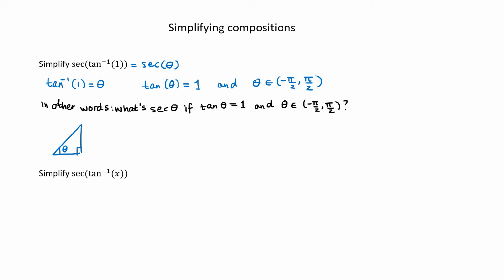Tangent is the opposite side over the adjacent side. We need the ratio of the opposite over the adjacent, which is tangent of theta, to equal 1. One fast way of making this happen is setting these equal to each other. Let's set them both equal to 1.